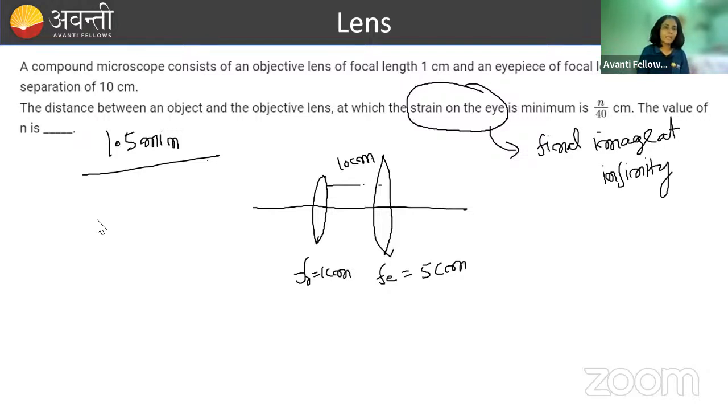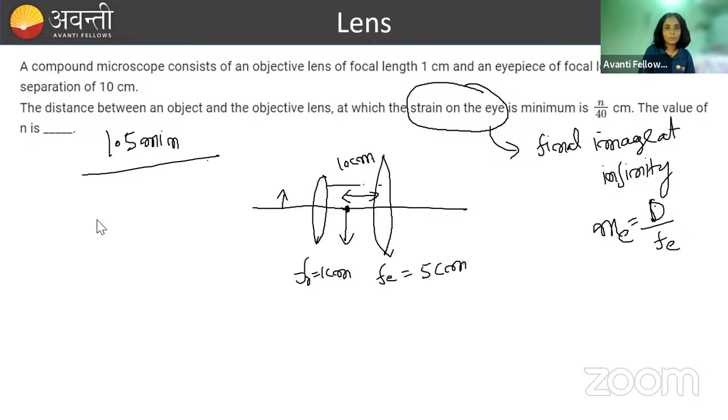So if that is the case, then magnification by the eyepiece will be equal to D by FE, because the final image is getting formed at infinity. And the final image will get formed at infinity only if the image formed, suppose this is the object, by the objective must lie at the focus of the eyepiece.